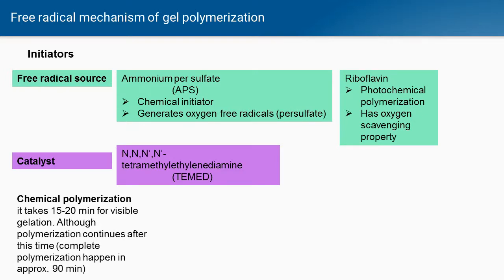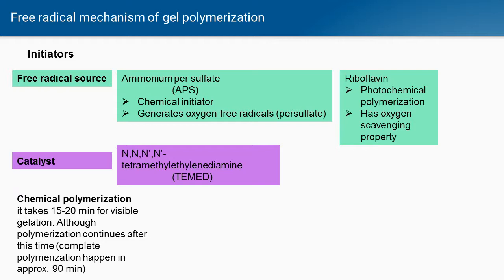When we are using only TEMED and ammonium persulfate, the reaction is called chemical polymerization, and it takes 15 to 20 minutes for visible gelation to happen. Polymerization continues after these 15 to 20 minutes, and for complete polymerization the approximate time is 90 minutes.